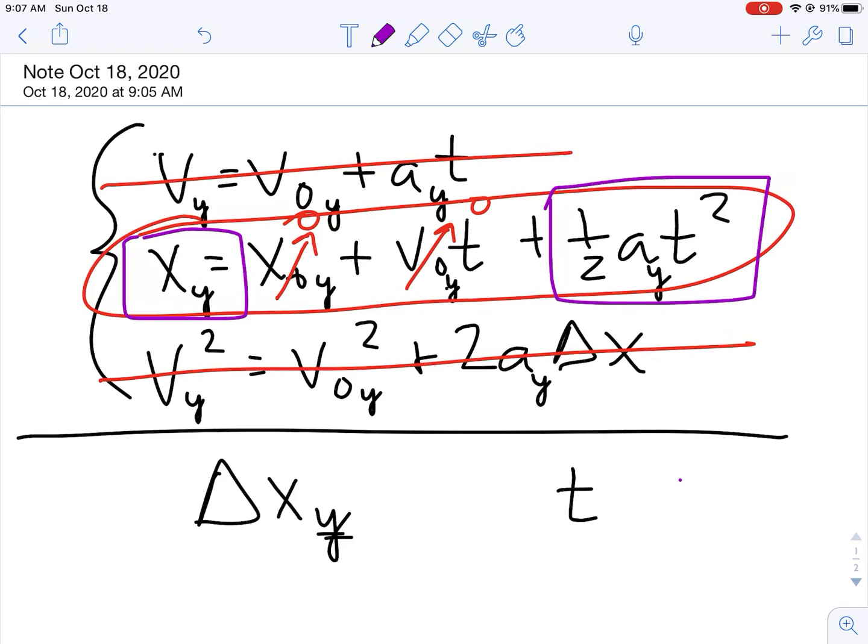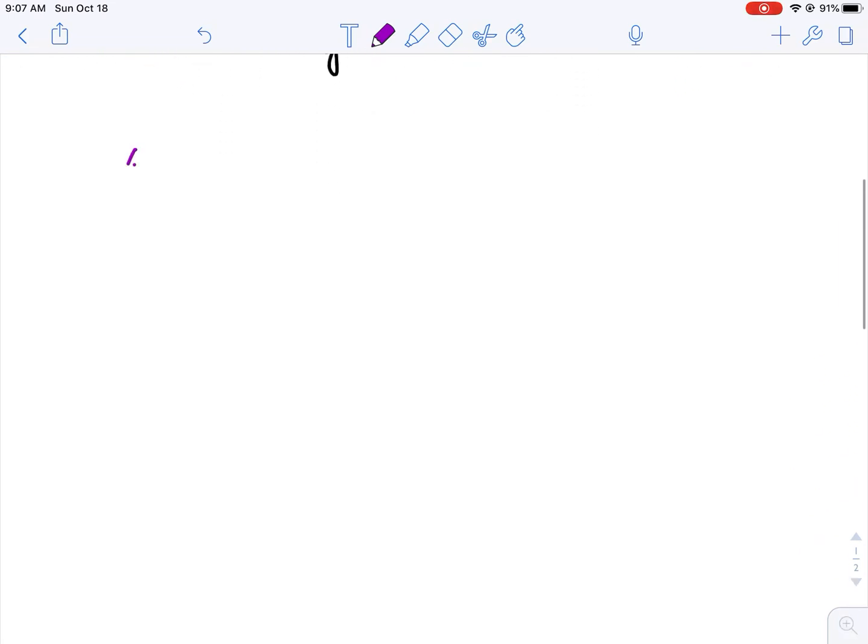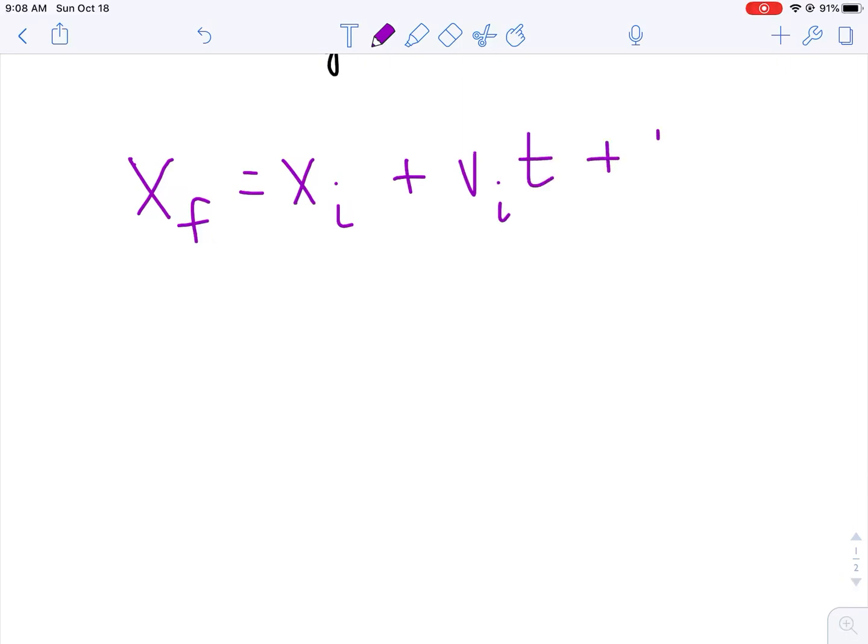So, let's actually keep this part of the equation and do a little bit of math. I'm going to derive it. So x final equals x initial plus v initial t plus 1/2 at squared, right?